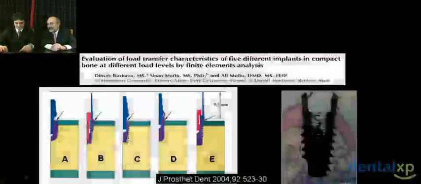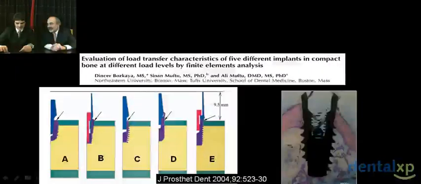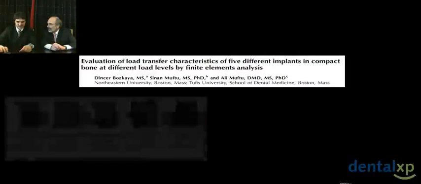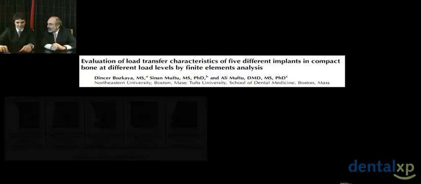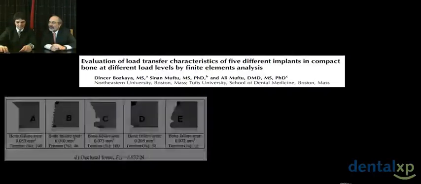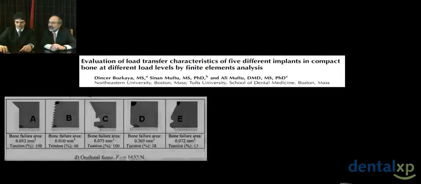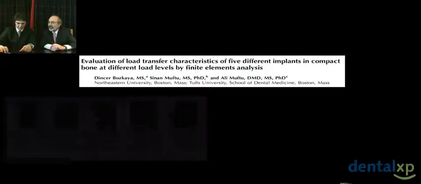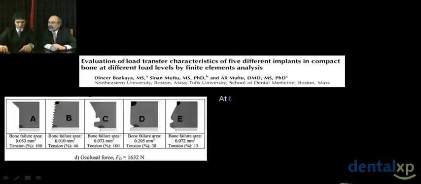And the results of the study are striking because they show that types A and C behave better than B, D, and E, because they were not overloaded at the crest. This means that you can preserve more bone according to the load you give to the implants.